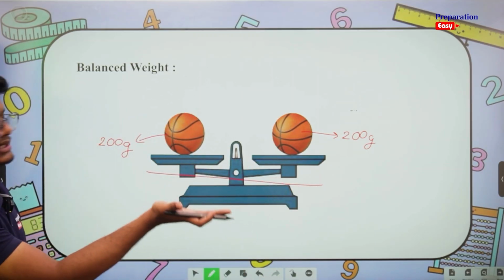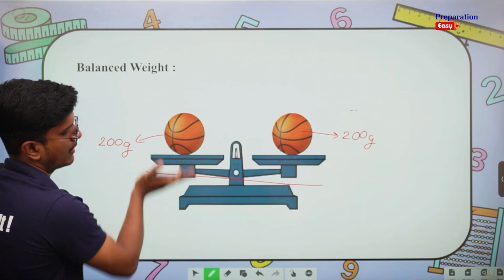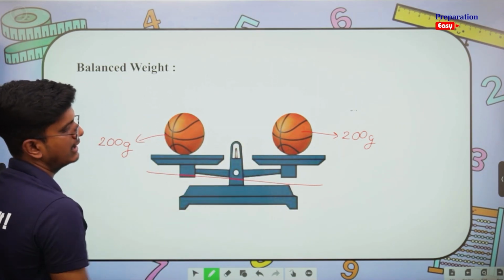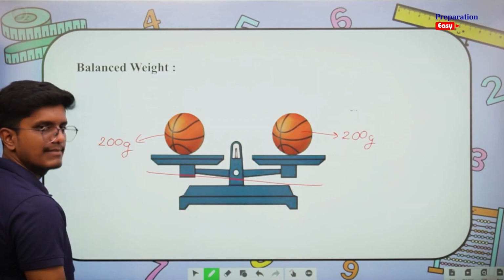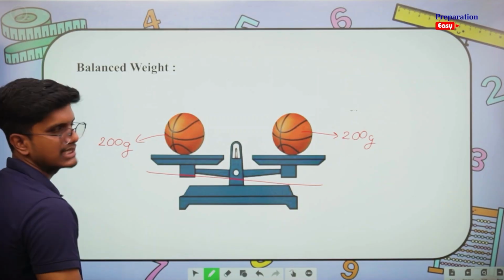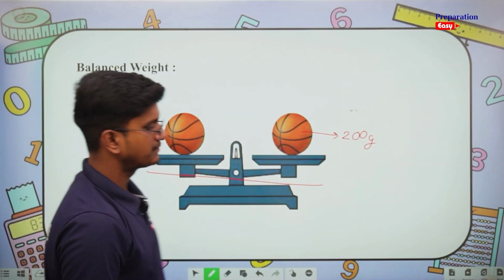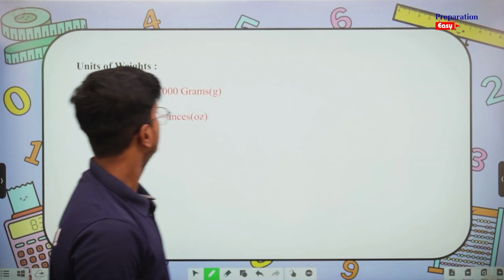It's standing straight, not bending downward or upward. This is the balance weight, because on both sides we have kept the same weight, 200 grams and 200 grams. Okay, let's move next.